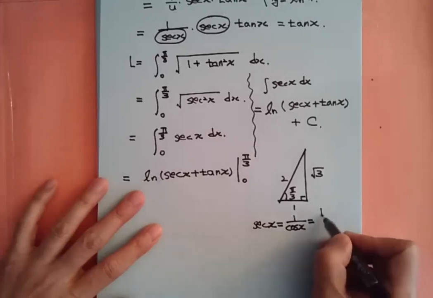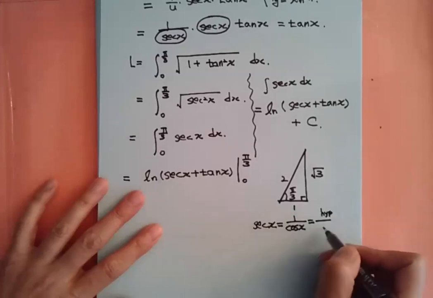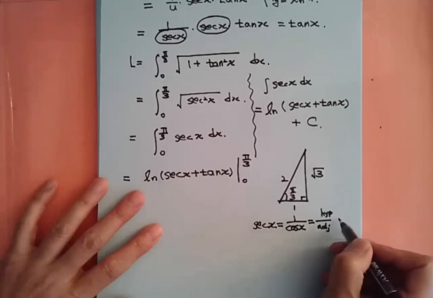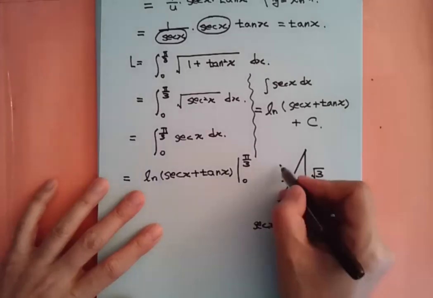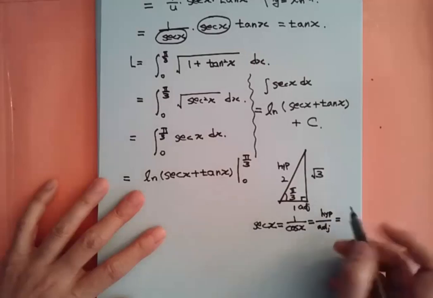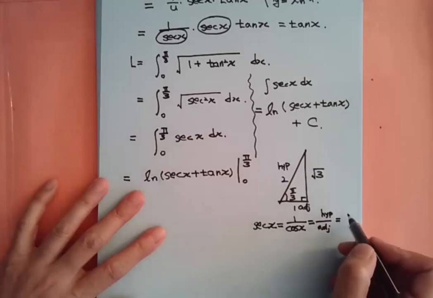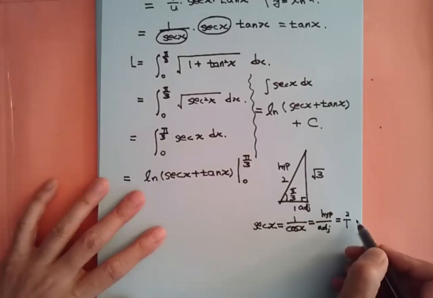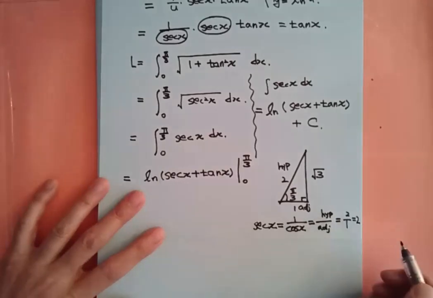So that becomes hypotenuse over adjacent. So hypotenuse is 2 and adjacent is 1. So that is 2.